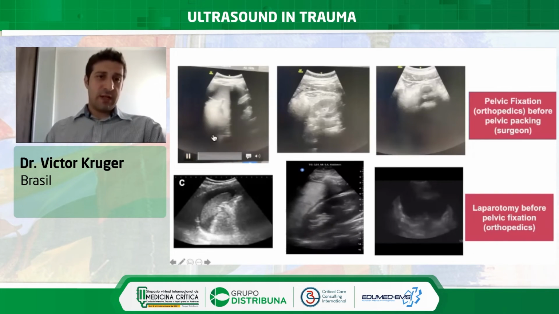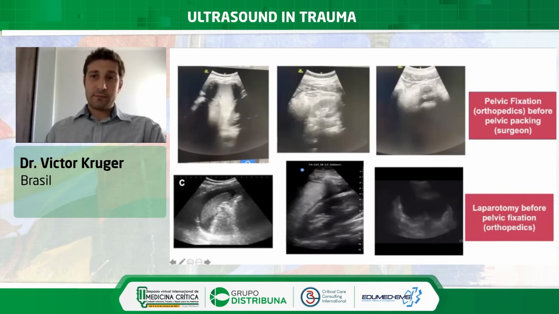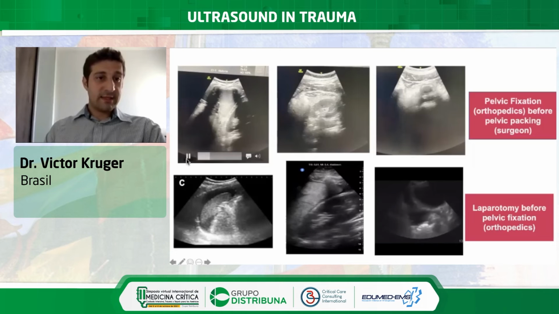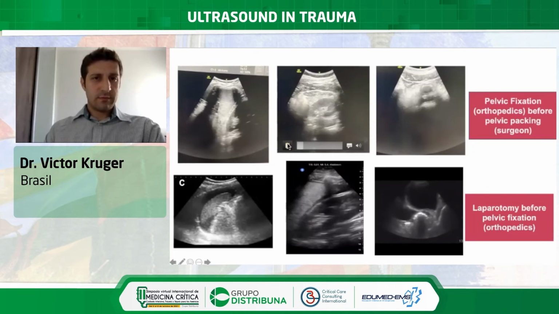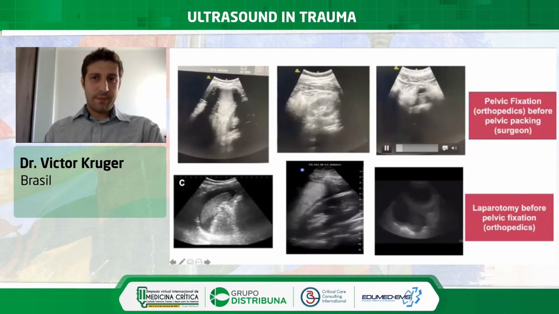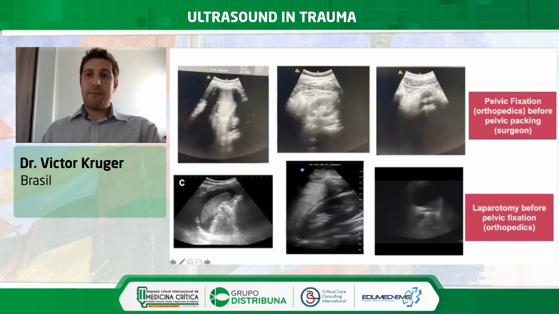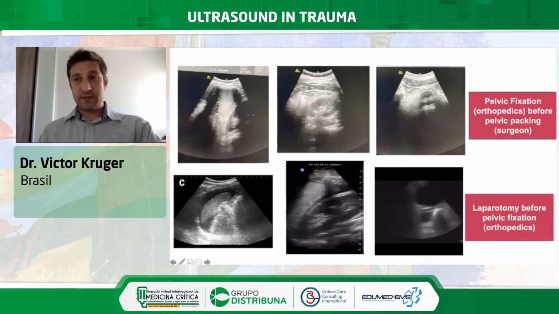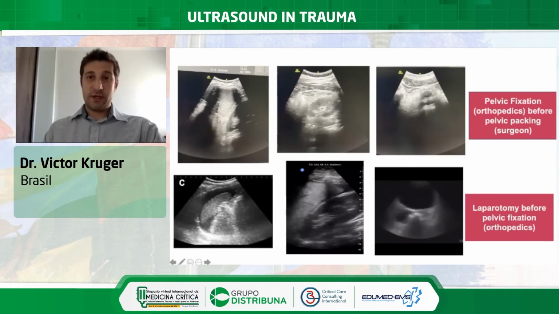If the patient has no free fluid at the abdomen, like this, no free fluid, and no free fluid, we start with a pelvic fixation with the orthopedics before pelvic packing with the surgeon.